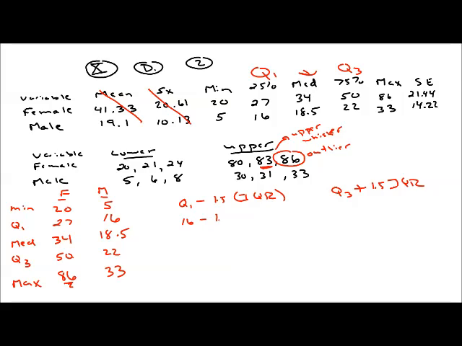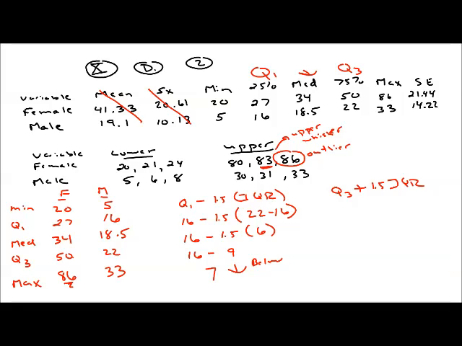Q3 minus Q1: well, Q3 is 22, minus 16. So 16 minus 1.5 times 6, which is 9. 16 minus 9 is 7. Any numbers below 7, not including 7. So if 7 was up there, that would not be an outlier. So it's below that.